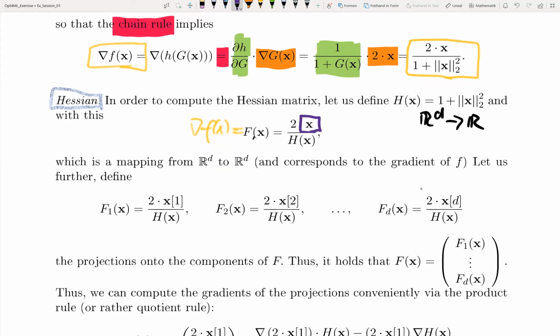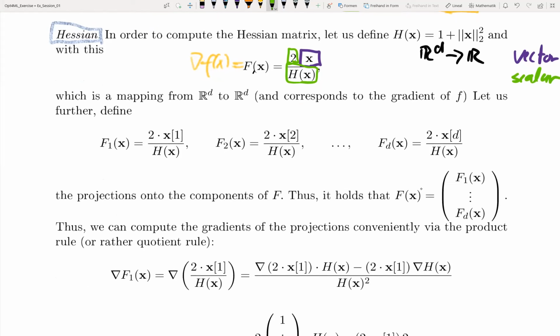This here is a vector, this here and this here is a scalar, right? So again, vector, scalar. So if we look at the components of this vector, we see the components are determined by the components of the x, of the vector value, and everything else is just multiplied as a scalar.